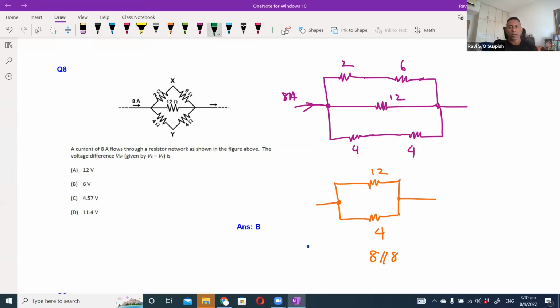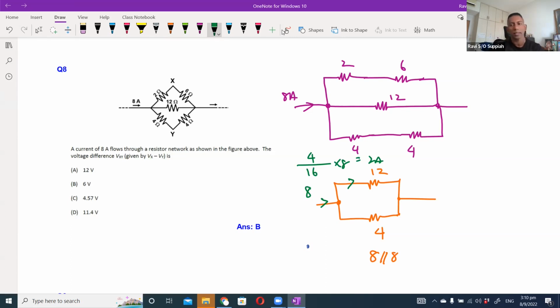Since I know the current coming in is 8 ampere, this current here, if I use the current divider rule, will be 4 over 4 plus 12, which is 16, multiplied by 8, which gives me 2 ampere.